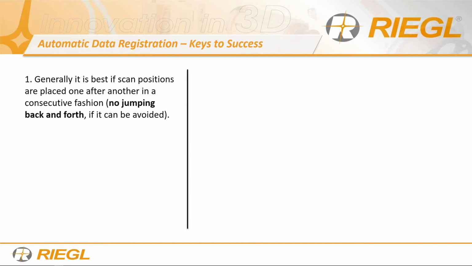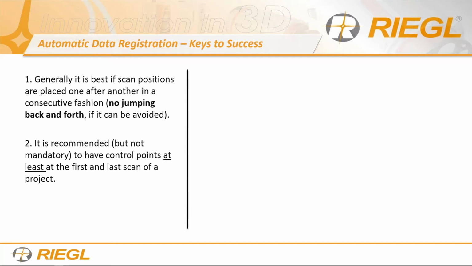It's also recommended, but not mandatory, to have survey control, at least on the first and last scan of each project. If you're going to incorporate survey control, we're not saying that this is the best practice, but we are saying that this is the fastest way to tie your project down to survey control.